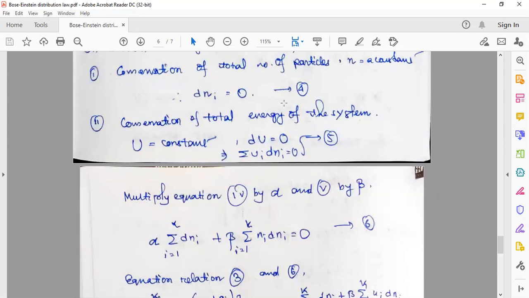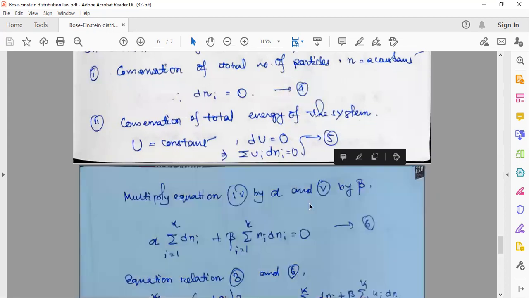So multiply equation 4, which is this one, written in Roman here and in English there, by alpha, and equation 5 by something called beta.